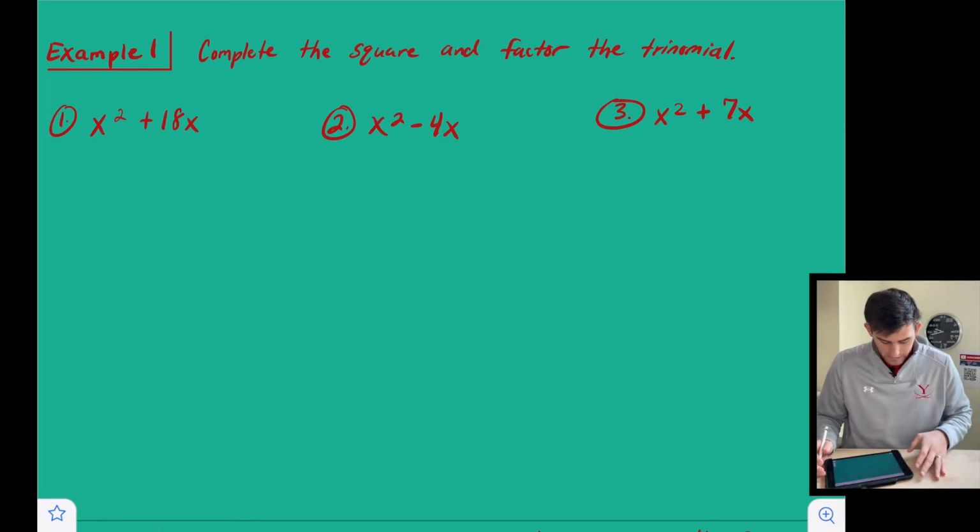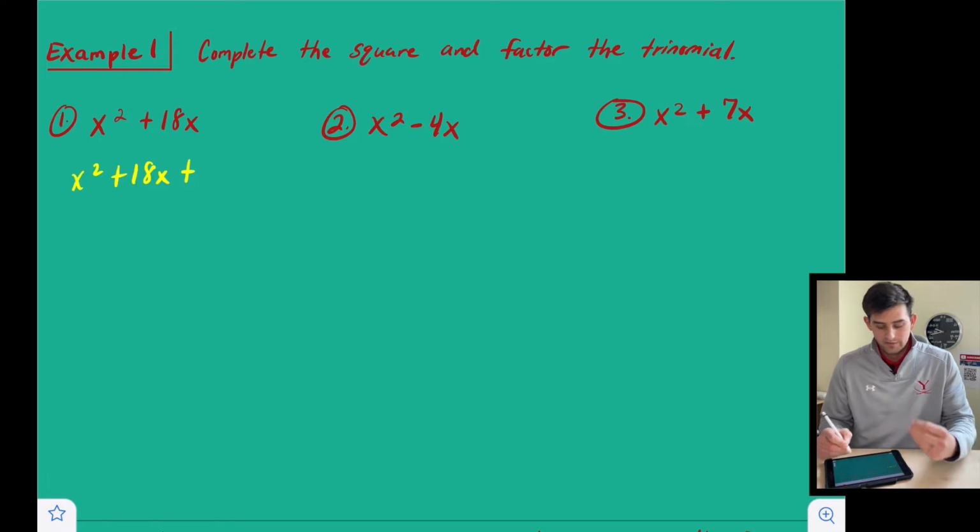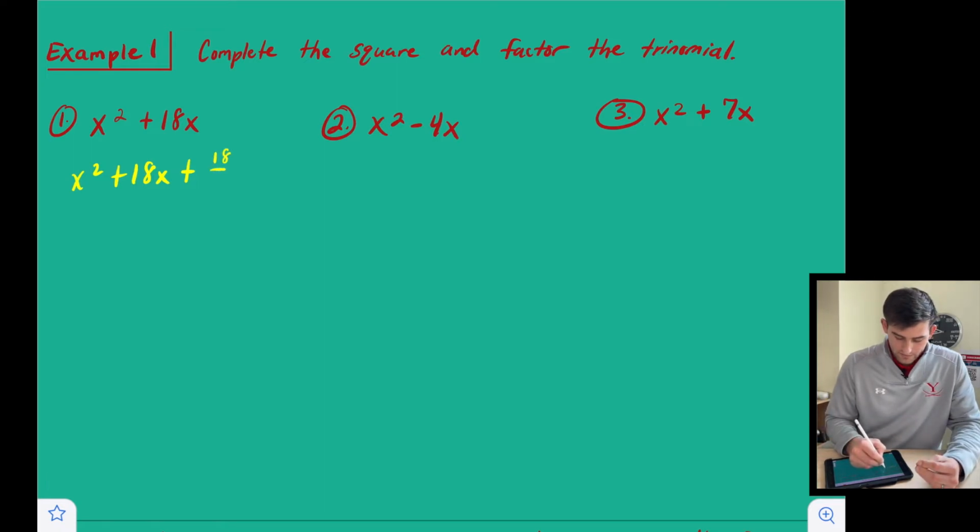All right, so number 1, we have x squared plus 18x. Our first thing is to take our b value and divide it by 2. So we say x squared plus 18x plus b divided by 2, so 18 divided by 2, and we need to square that.